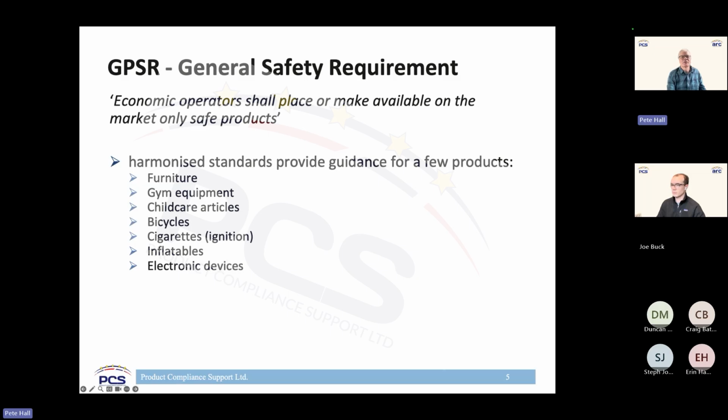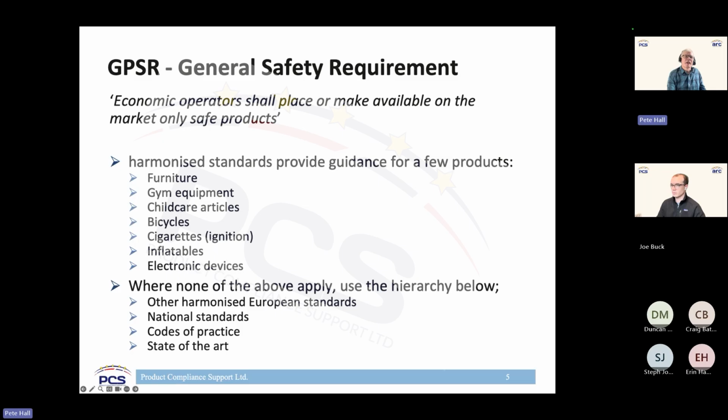There are plenty of other things that don't have any standards. For those, there are other European standards for some of them, which aren't harmonized. There are also national standards of an EU member state. Any national standard of an EU member state, if it's about safety, would be deemed to meet the general safety requirement.